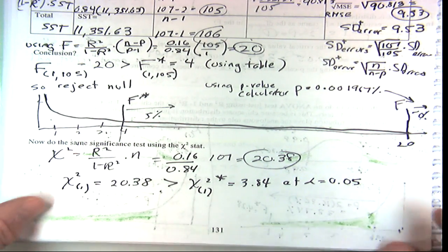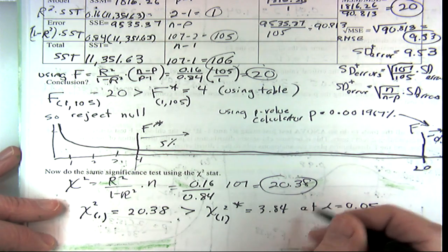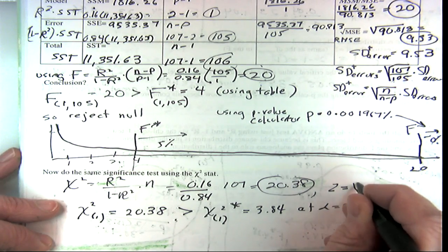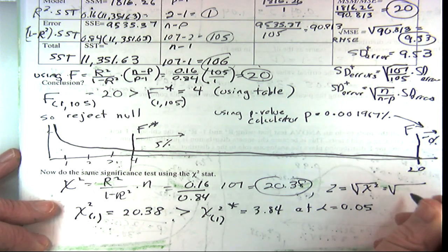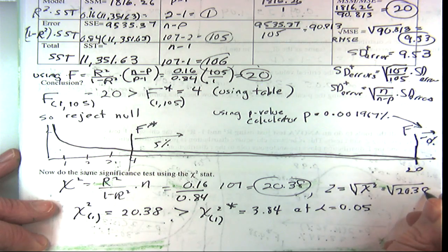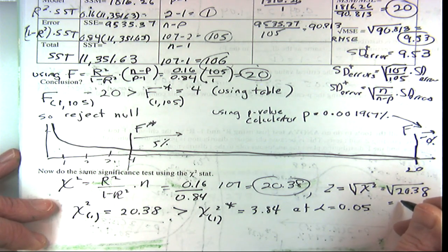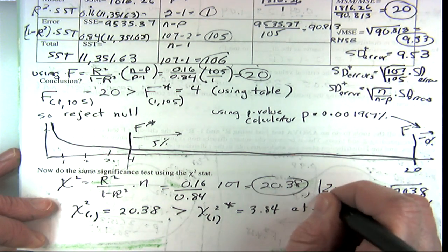Now, one other thing is you could say, what if I wanted z then? You could say, okay, z is equal to the square root of chi-squared. So it would be the square root of 20.38, which would be equal to 4.514.